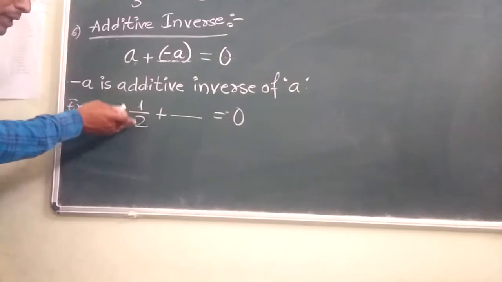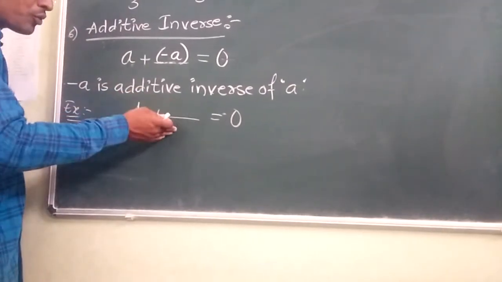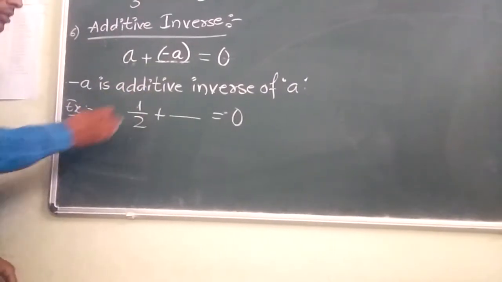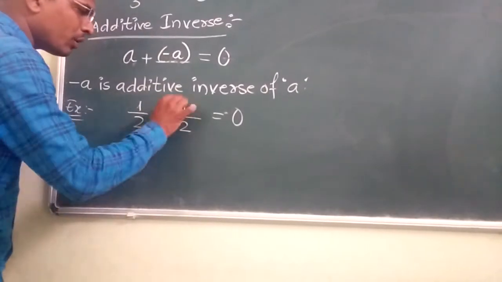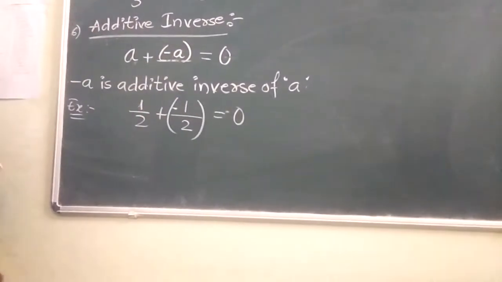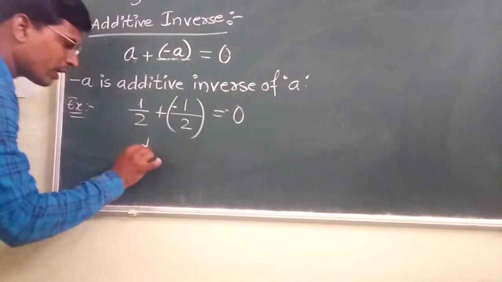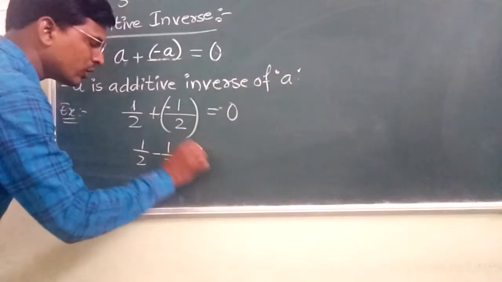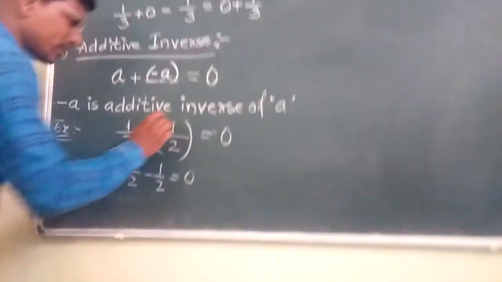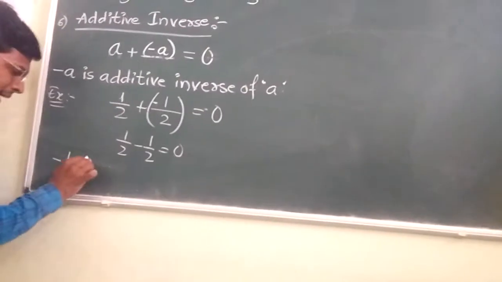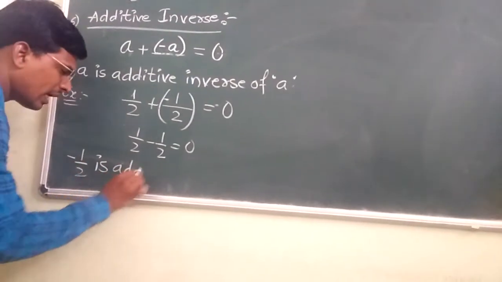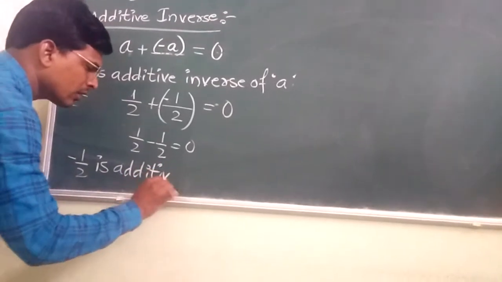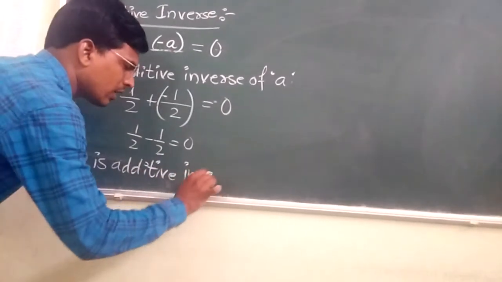For 1 by 2, what value do we have to add to get the sum as 0? Just the same number 1 by 2, but the sign should be minus, opposite. So 1 by 2 plus minus 1 by 2 is 0. Now we can call minus 1 by 2 the additive inverse of 1 by 2.